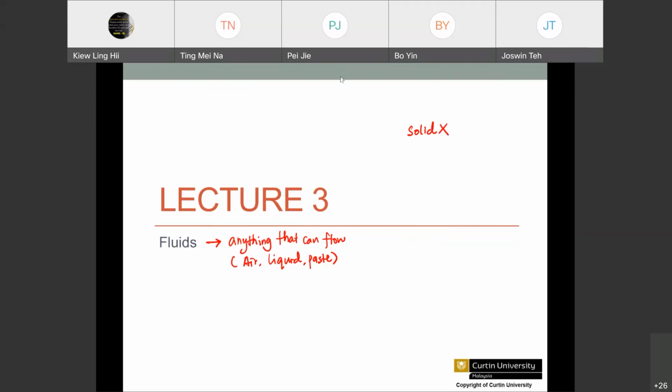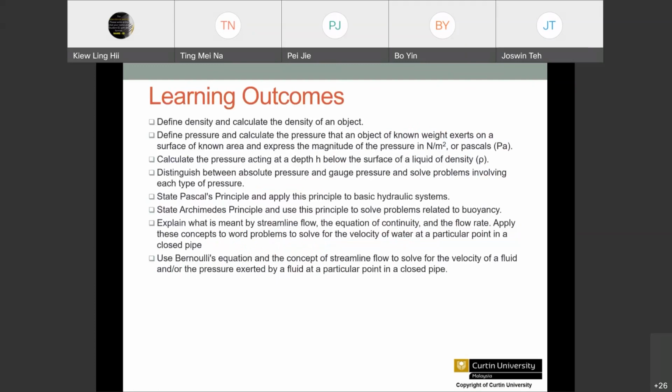All right. So the learning outcomes. In this topic, we will study about the property of fluids, and some of them you have already studied in your semester 061. For fluids, instead of mass, usually we will measure in terms of density.